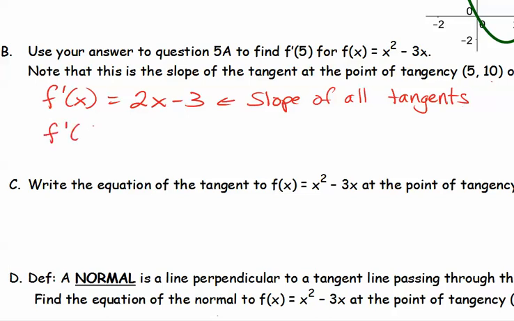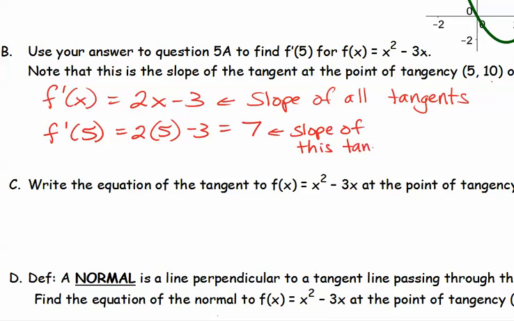So now all we want to do is find the slope of the tangent when x is equal to 5. We would get a slope of 7. That's the slope of this single tangent, not all of them, but at the point of tangency (5, 10).